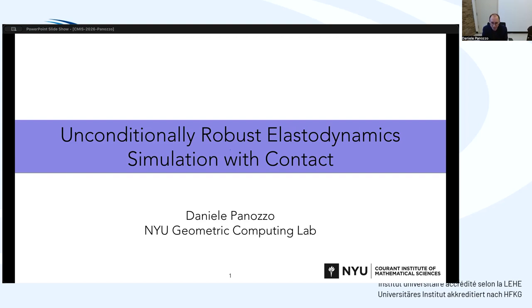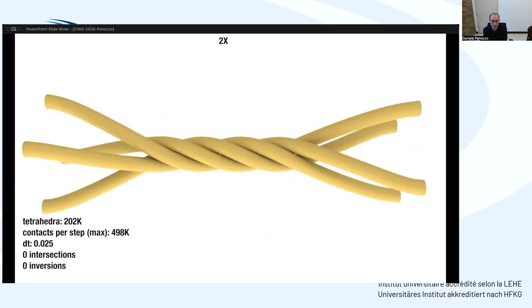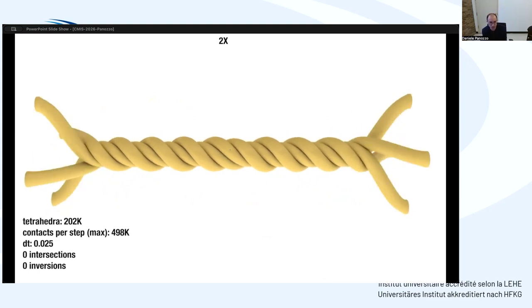It's my great pleasure to have this opportunity to present work that my group did in the last 10 years in simulation with contact. What I'm going to discuss today is an approach for doing large-scale nonlinear elastic simulations with contact, with friction.